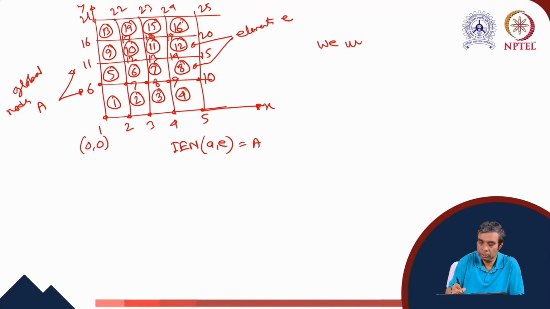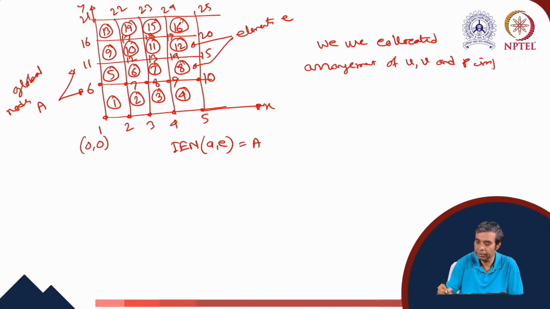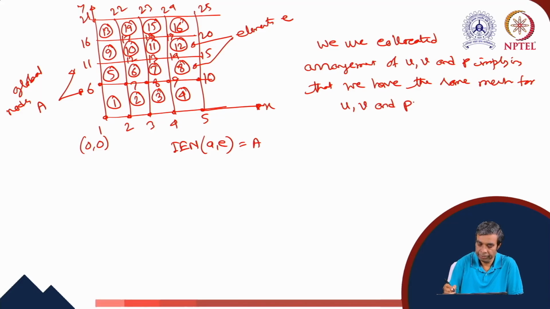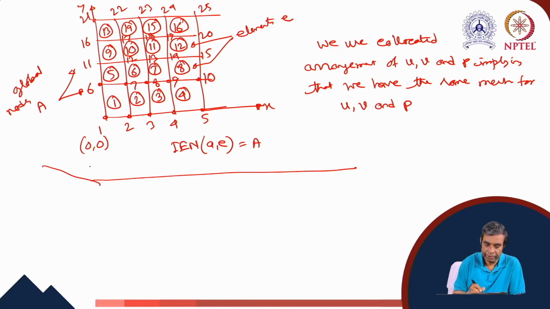We use collocated arrangement of U, V and P, implying that we have the same mesh for U, V and P. So when we construct the IEN array, we have 16 elements.